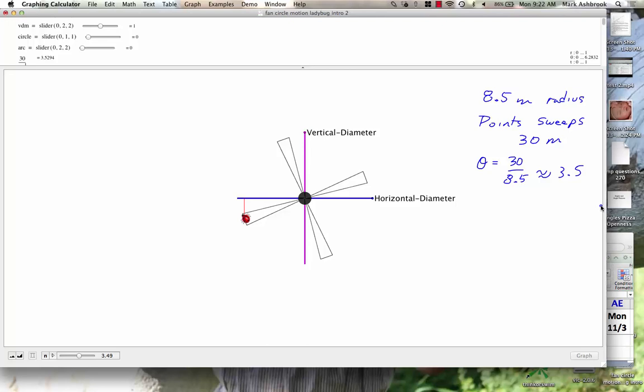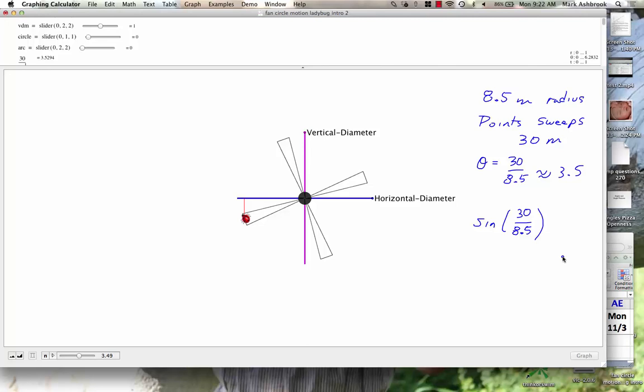Okay, now we want to represent the vertical distance above the horizontal diameter as a fraction of the radius length. He wants sine of 30 over 8.5. That would give us the vertical distance above the horizontal diameter in radius lengths.